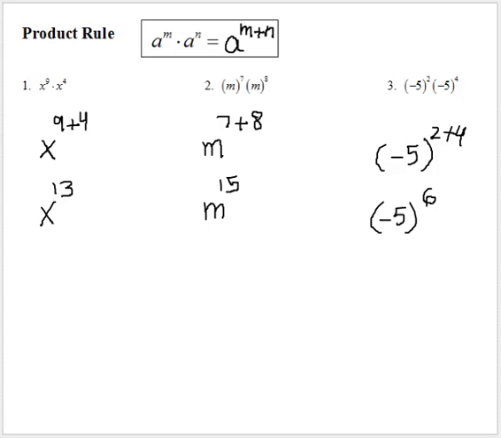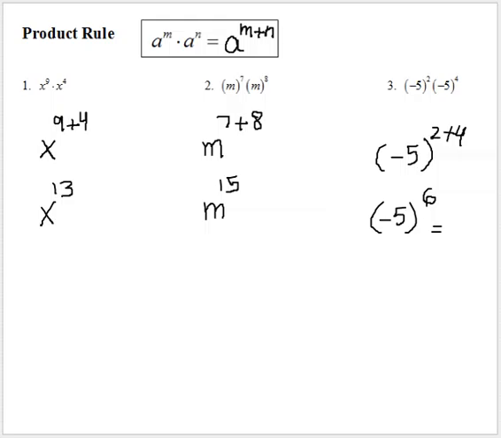What is minus 5 to the power of 6 equal to? Okay, it's like you take negative 5 and multiply it by itself 6 times: negative 5 times negative 5 times negative 5 times negative 5 times negative 5 times negative 5.